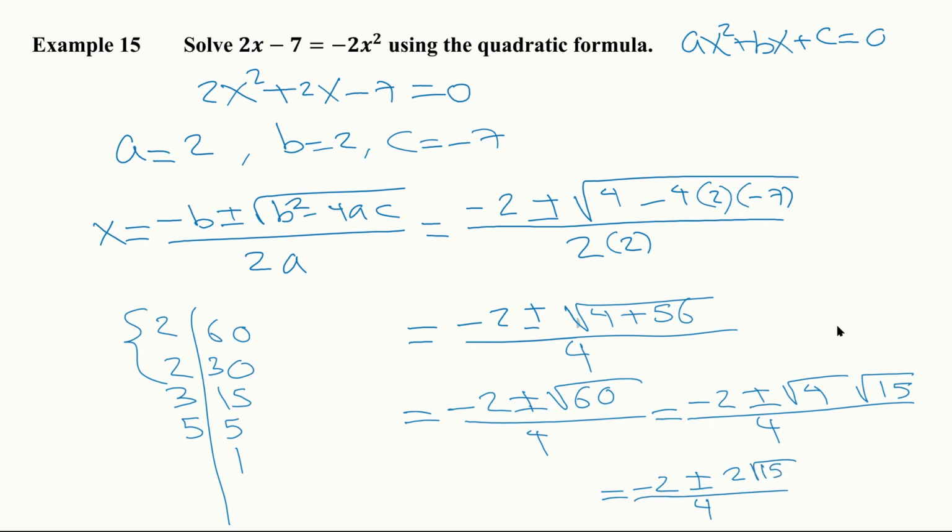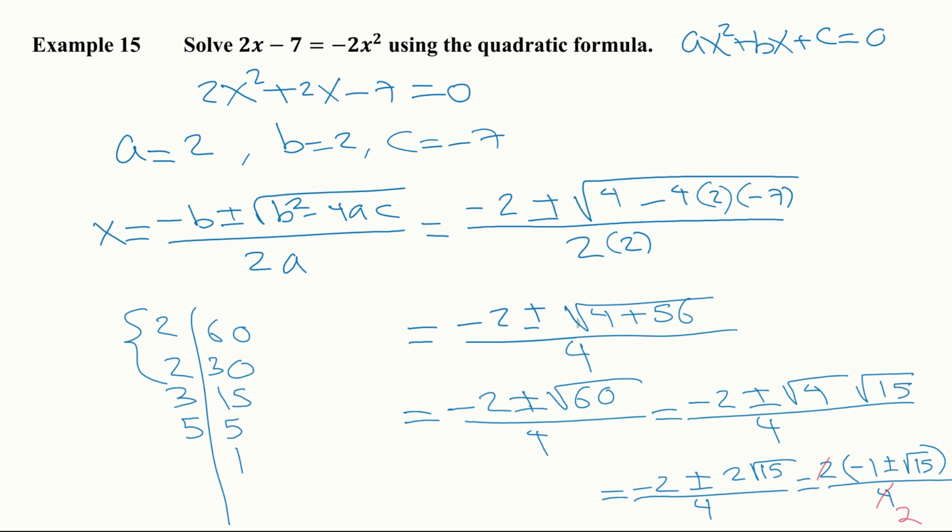I noticed that there's a common factor of 2 in all 3 of those, so it's a good idea to factor it out. That leaves me negative 1 plus or minus square root of 15, but I'm factoring out a 2, over 4. Now I can go ahead and cross cancel the 2 and the 4 to leave me a 2 down below.